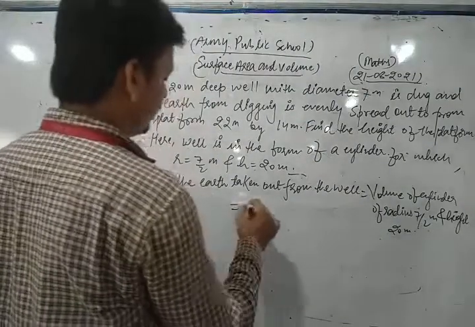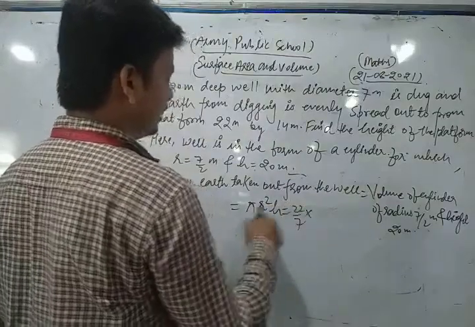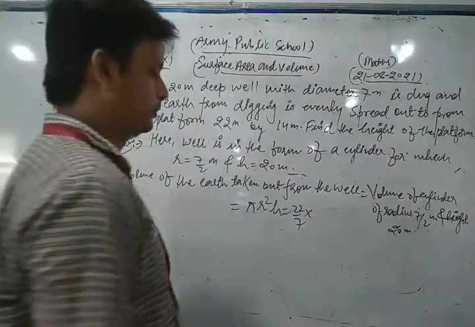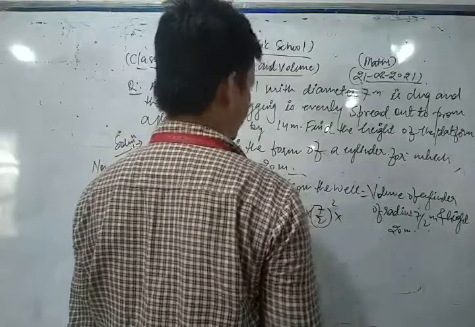You know the volume of a cylinder is pi r square h, so 22 upon 7, r is 7 by 2, r square into h where h is 20.